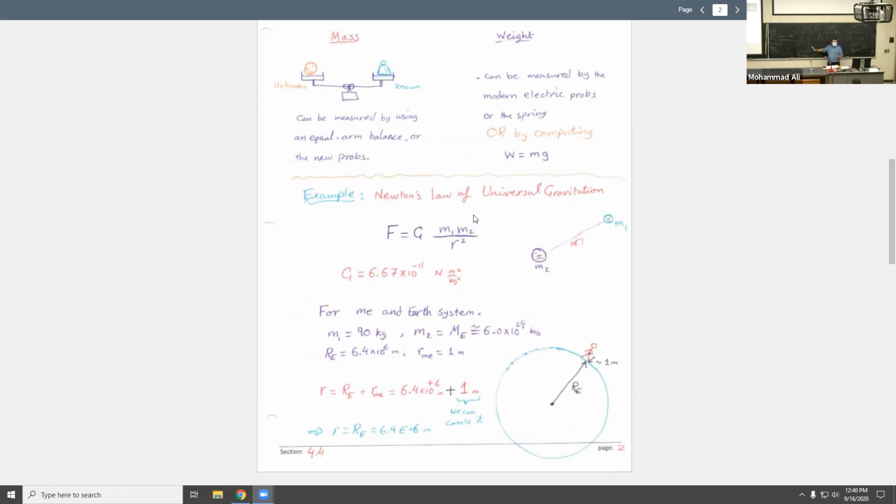But away from the planet, we need to use the general Newton's law. And we see that there is a difference between the weight and the mass. The mass is constant for a certain body, but the weight is not. It depends on the mass of the planet and the distance between the two objects.